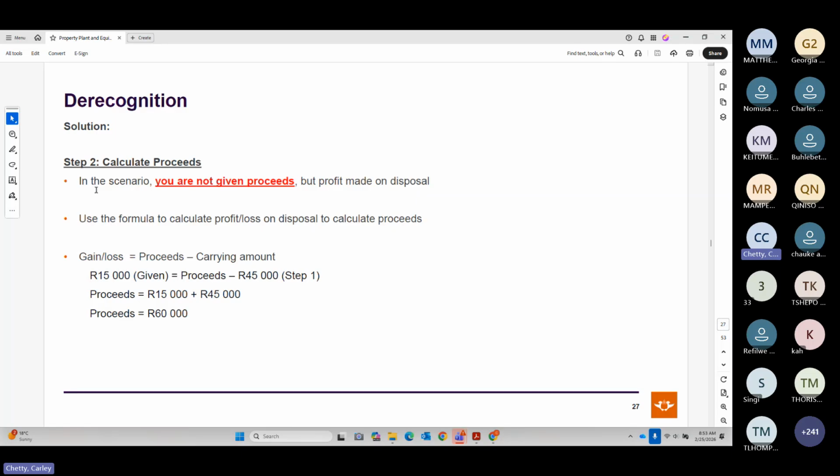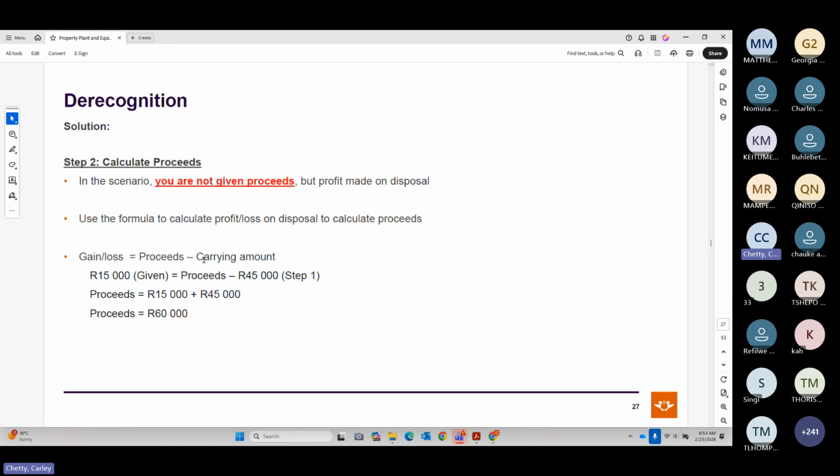You can see in this scenario, you are not given proceeds, but profit made on the disposal. So now we can use the profit on disposal to calculate the proceeds. We know that the gain or loss is calculated by taking the proceeds minus the carrying amount. We were told there was a gain of 15,000 Rand, and we are trying to work out the proceeds.